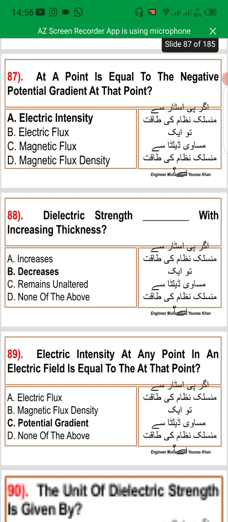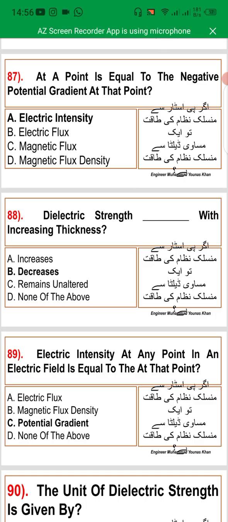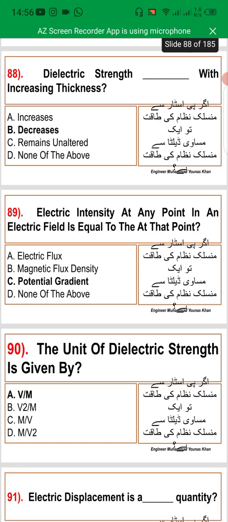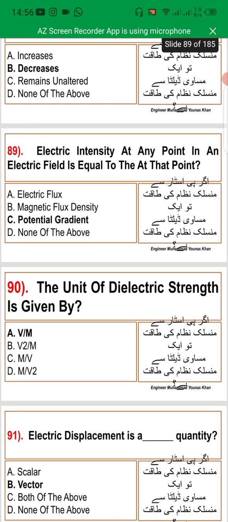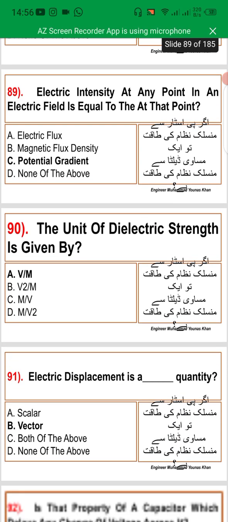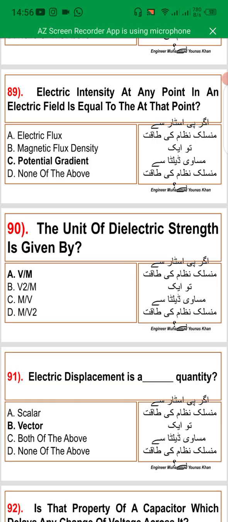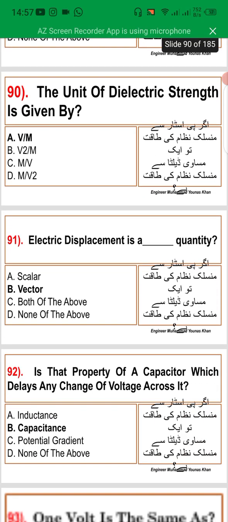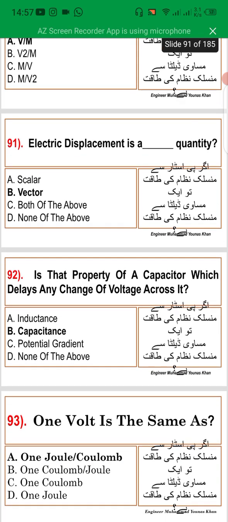Electric intensity at a point is equal to the negative potential gradient at that point. Dielectric strength decreases with increasing thickness. The unit of dielectric strength is V/m.